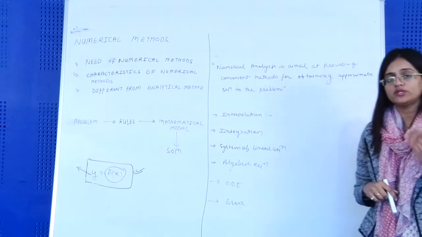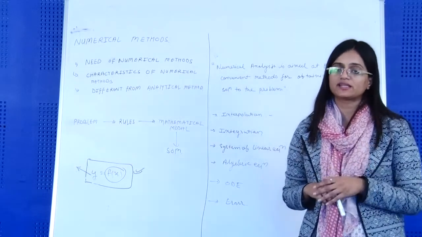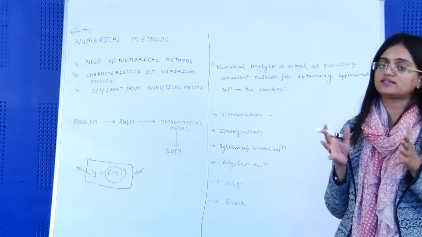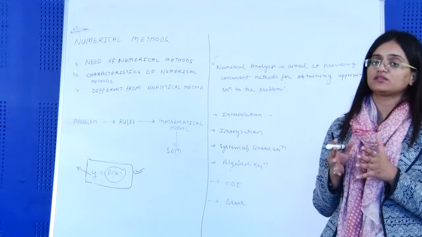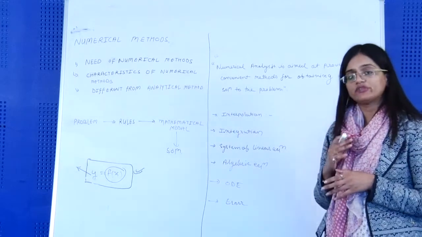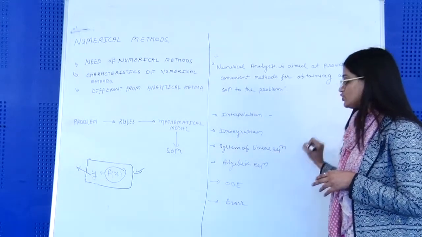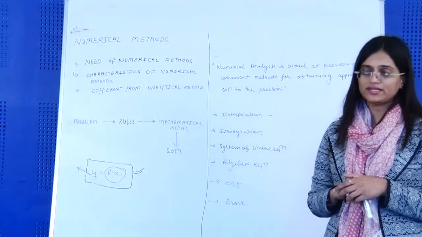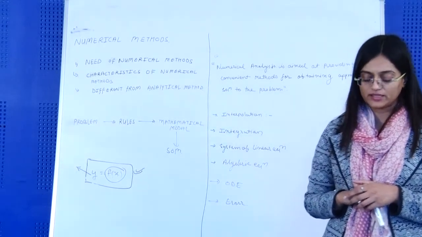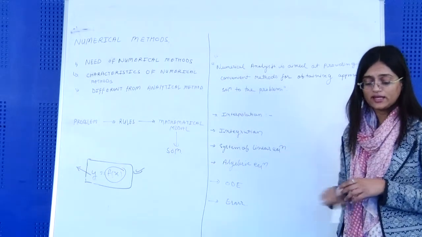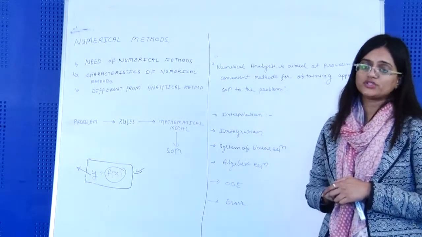System of linear equations. When we have more than two algebraic or transcendental equations that build a system, the system is known as a system of linear equations, in which we have a number of methods. The first one is the Gauss elimination method, the second is the matrix inversion method, the third is the LU factorization method, and the fourth is the Gauss-Seidel method.